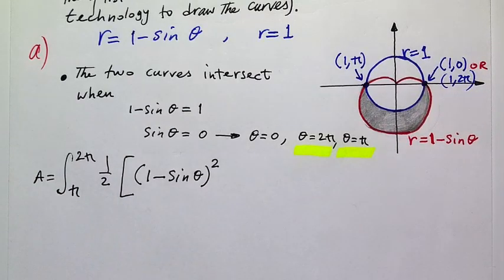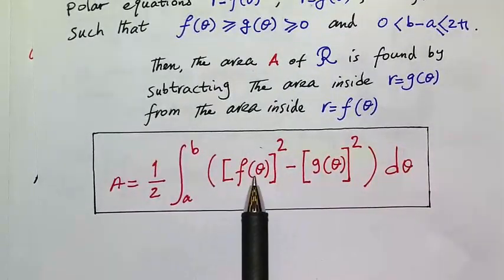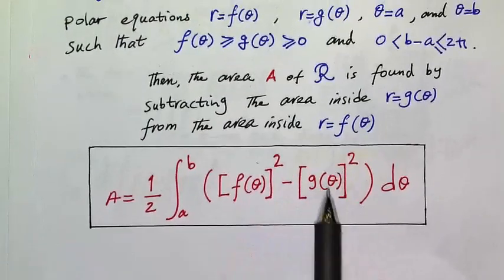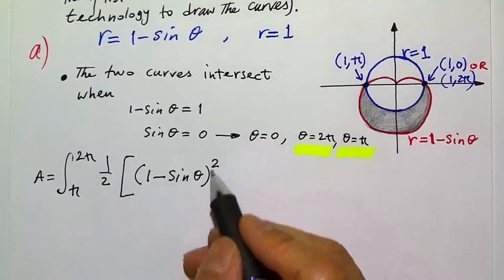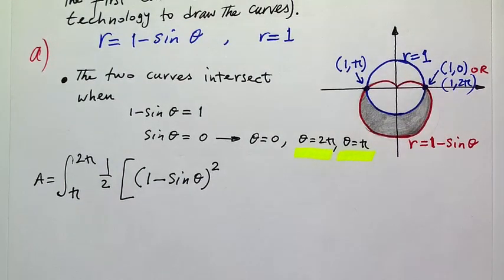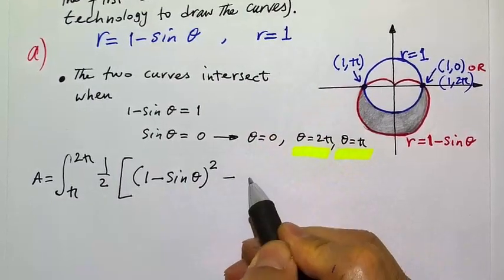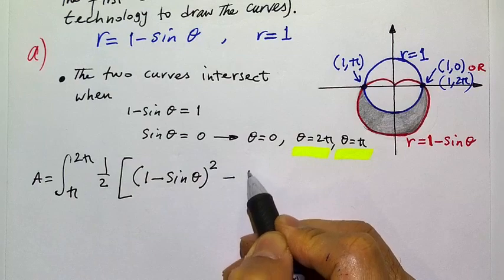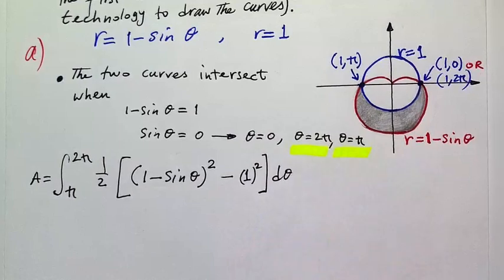Let me bring that back. So this is that 1/2 in our formula, and then f of theta squared minus g of theta squared. The other one is minus 1 squared, which is 1, minus 1, if you like. Let me put the squared there as well, and then d theta.